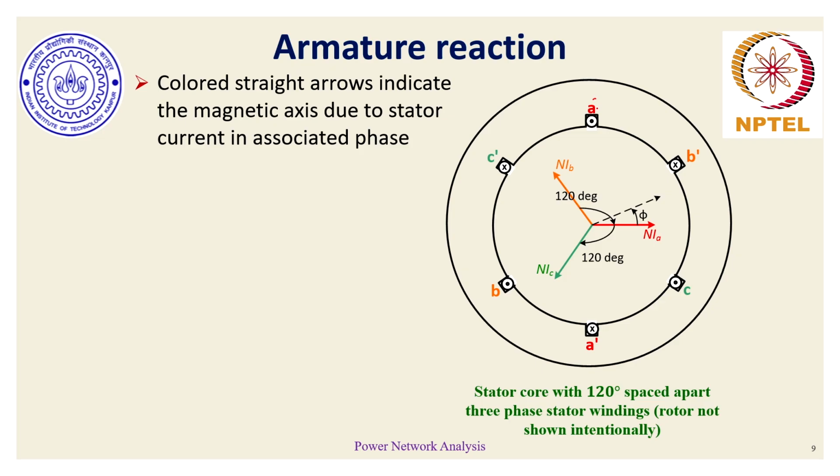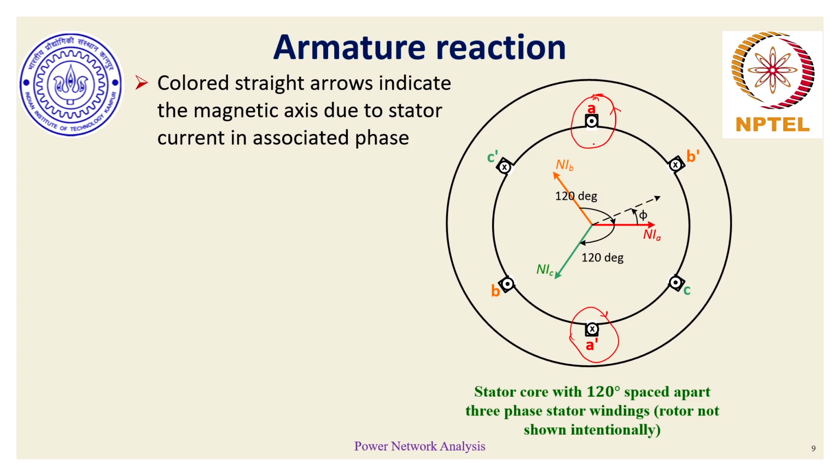phase A or coil A is carrying current out of the plane, and if we apply the right hand rule to find the instantaneous magnetic flux because of coil A carrying current out of the plane, the corresponding magnetic flux would be in an anti-clockwise direction, whereas for coil A dash carrying current into the plane, by the right hand rule, the corresponding magnetic flux would be in the clockwise direction.